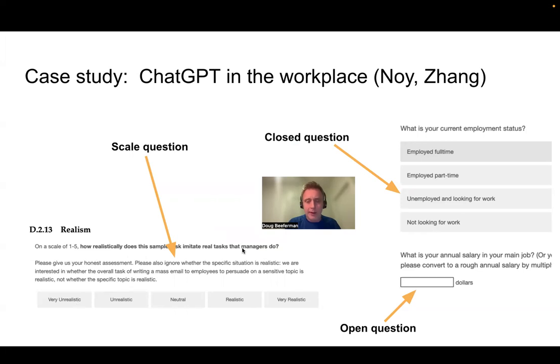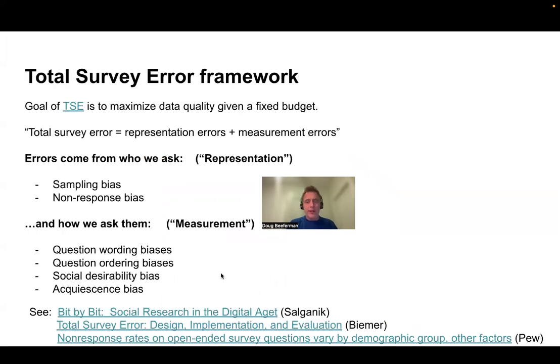So these kinds of questions have different kinds of biases. I just want to take 20 seconds to talk about those.